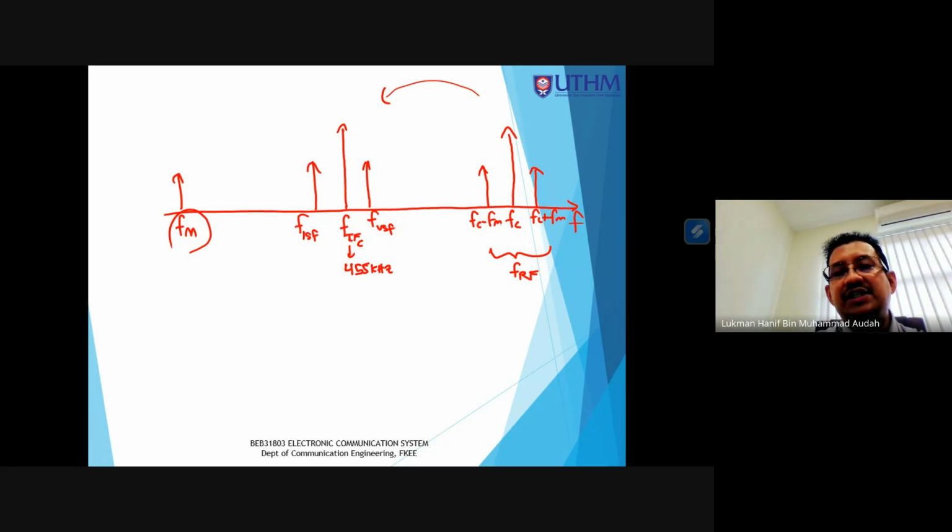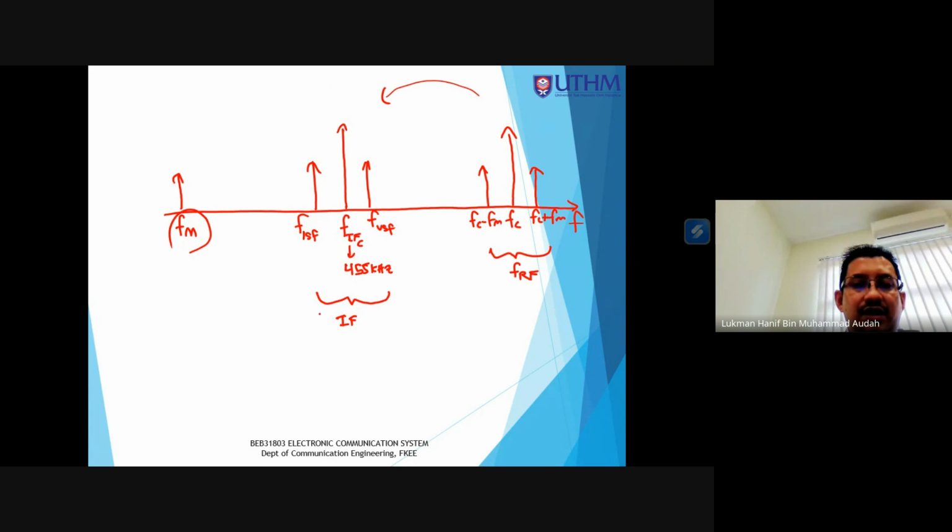The pattern is still the same. We have the lower sideband and also the upper sideband. After we put this inside the mixer converter, it will become the IF frequencies.